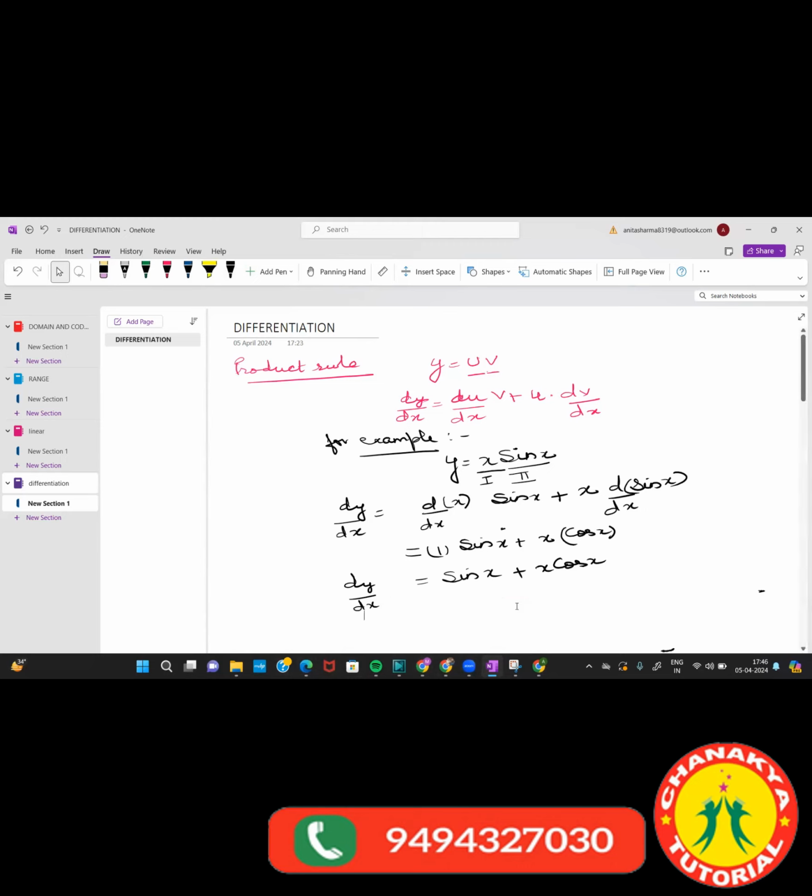Now the next question is, Dhanunjay, find the derivative, dy by dx, of x tan x. Try to solve. It is just like this question only.